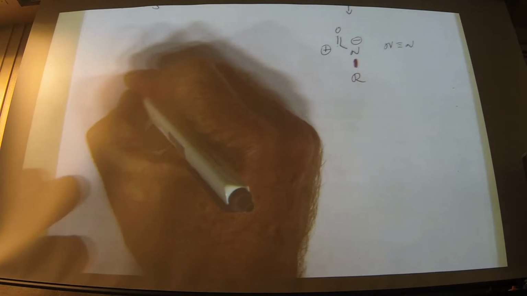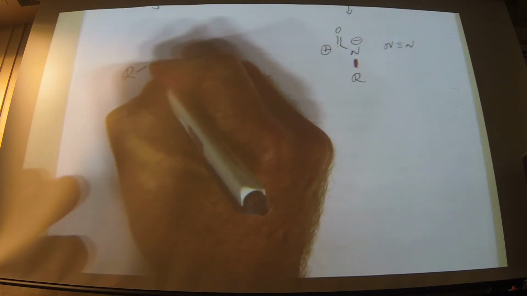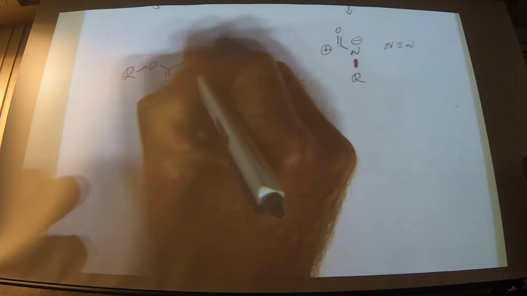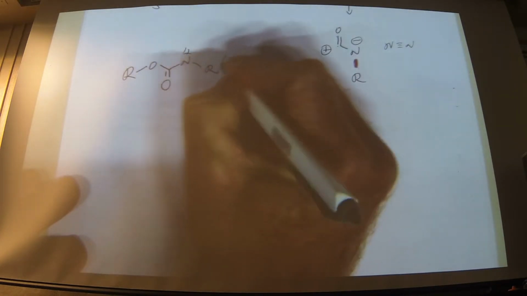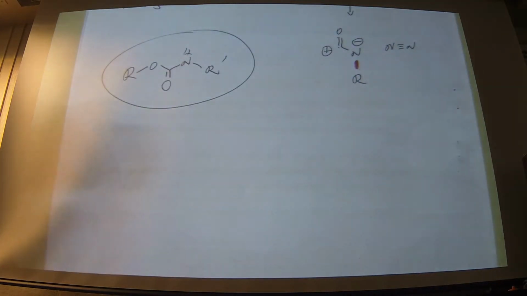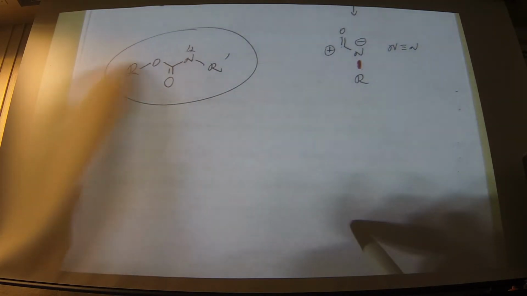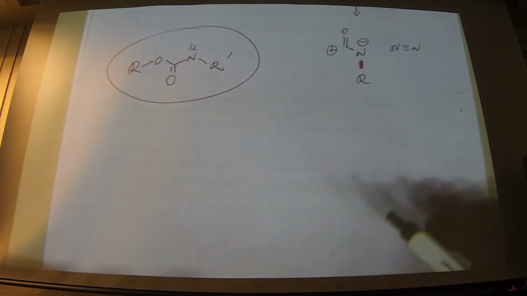I'm trying to think of the structure. I can't remember the structure. But if I have a carbamate ester like so, these are very stable. These are completely stable. But carbamic acids, where that's an OH, those lose CO2. What are carbamates used for? Does anybody know?